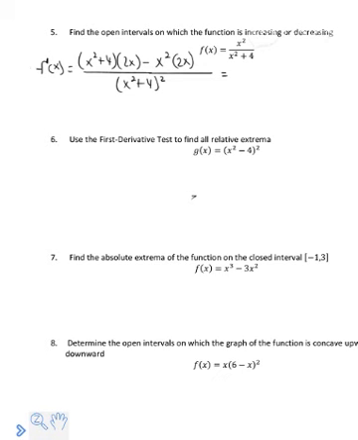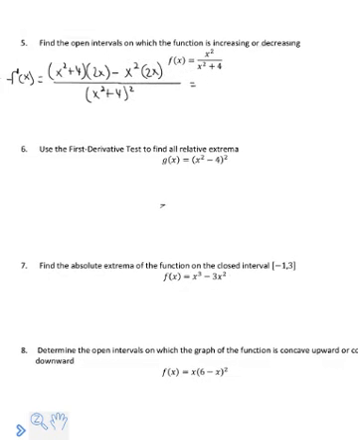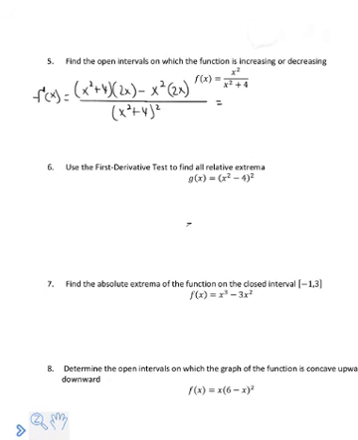If we simplify this, this part here becomes 2x to the third plus 8x, and this part becomes 2x to the third. So the 2x to the thirds cancel, so we're left with 8x over x squared plus 4 squared.